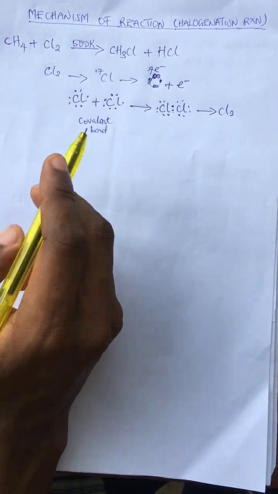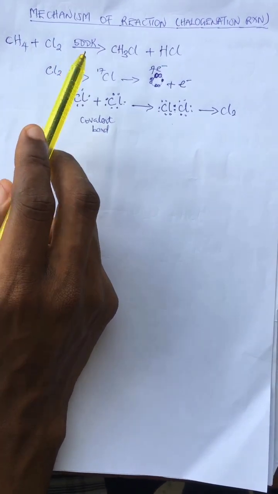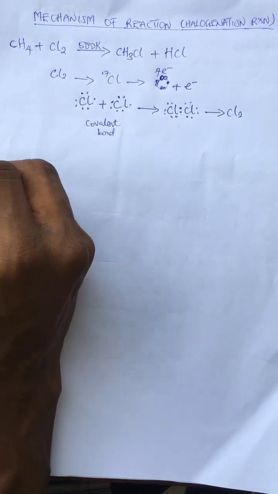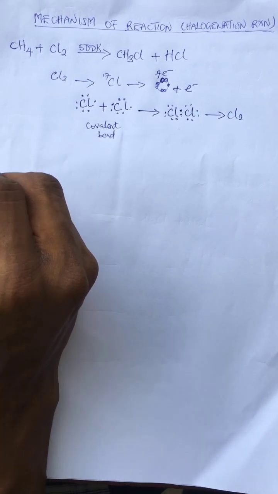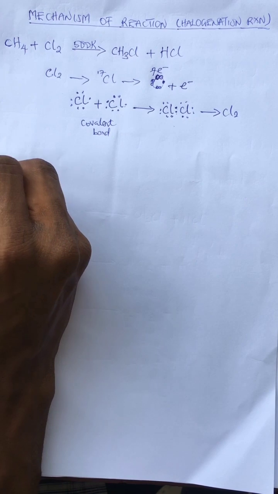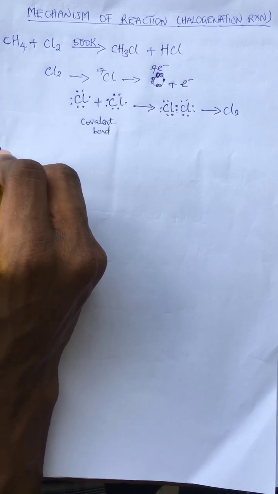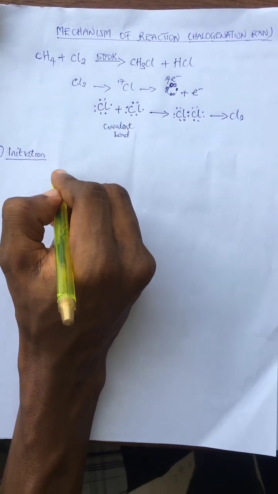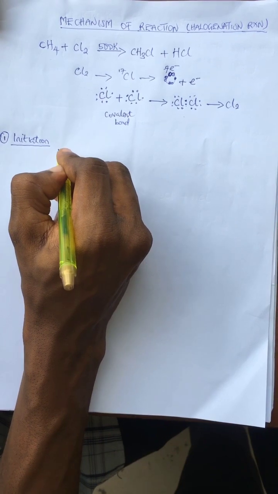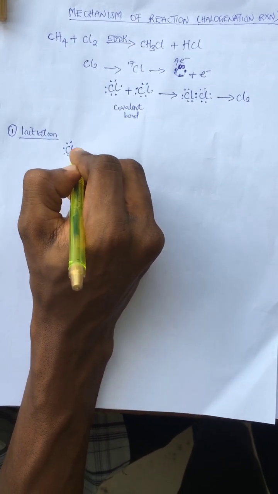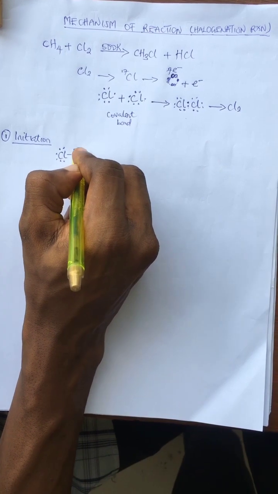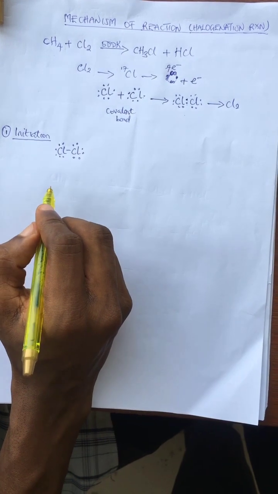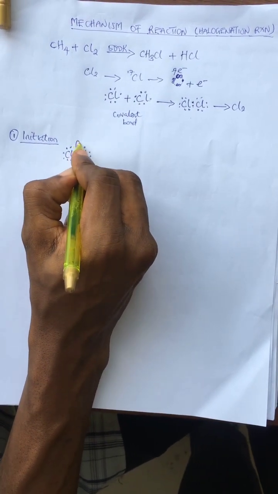So for this reaction to take place at 500 Kelvin, what happens in the first step is initiation. In this initiation, our diatomic chlorine will dissociate into 2 chlorine atoms. So this bond will be broken down.